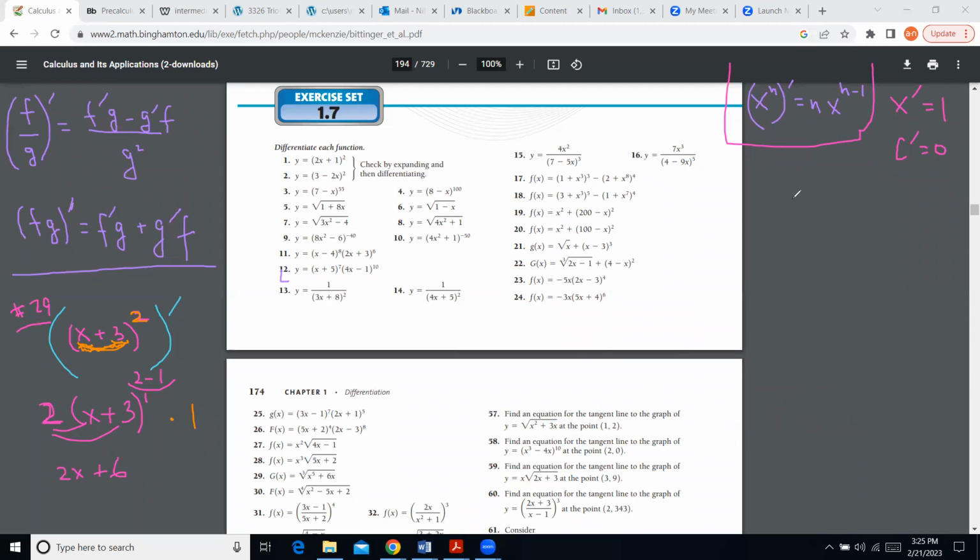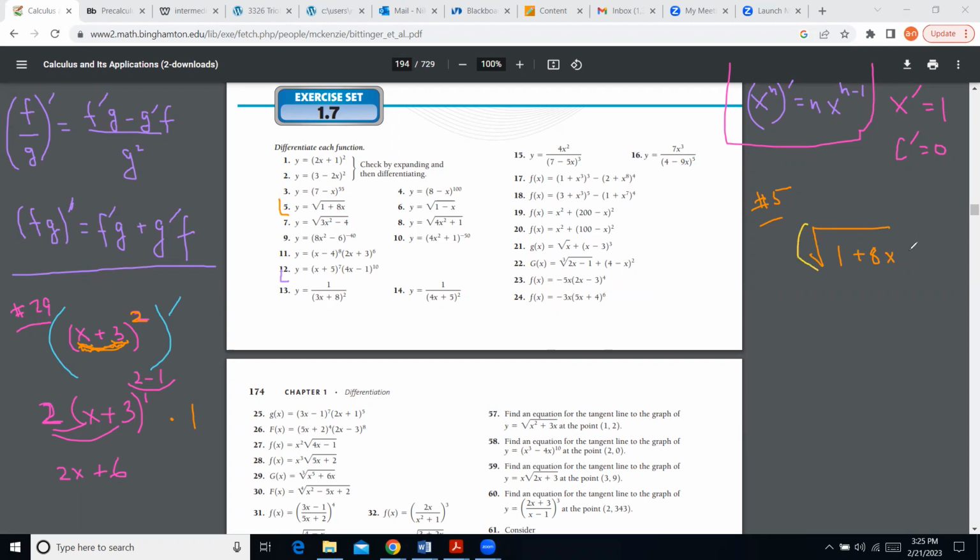Let me take a look at exercise number 5 to start. And this problem deals with taking derivative of a square root extracted from 1 plus 8x. So this is what I need to differentiate.